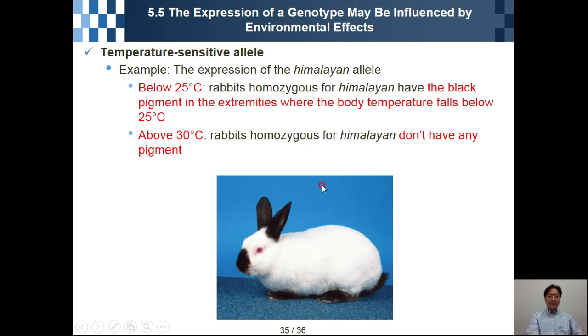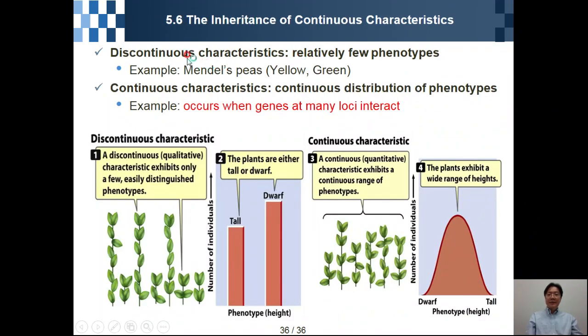Okay. In this slide, we will see the concept of discontinuous characteristics and continuous characteristics. Discontinuous characteristics means that there are relatively distinct phenotypes, but continuous characteristics have a continuous distribution of phenotype. One example we can see is in Mendel's pea. The pea color is yellow or green.